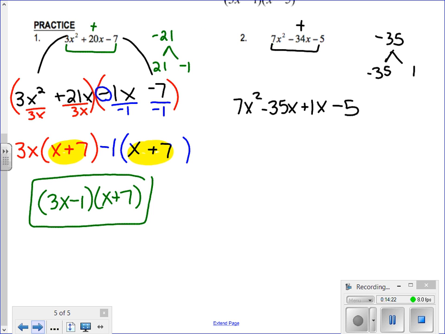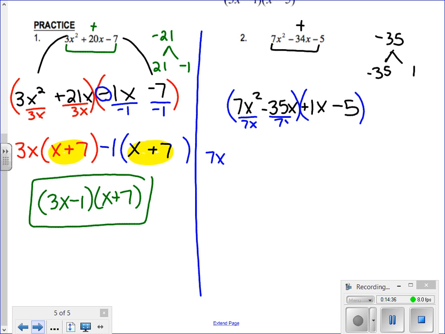Now I'm going to go ahead and group. When I group, I now look for a GCF. 7x squared minus 35x has a GCF of 7x. I'm going to divide both terms by 7x, and I'm left with x minus 5. Now in this second set of parentheses, my first term is positive, so my GCF is positive.